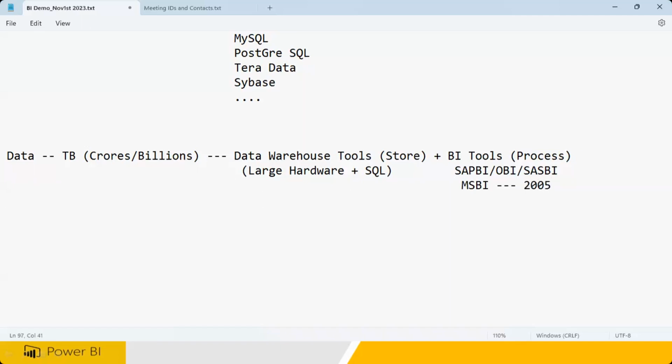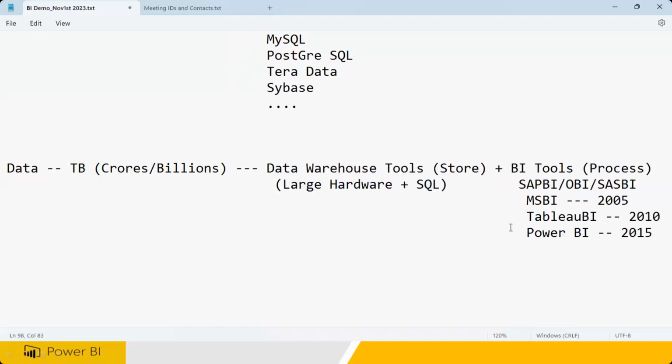Then Tableau BI, a popular BI tool released in 2010. Then currently Microsoft released Power BI in 2015. So many BI tools are available, not only Power BI.